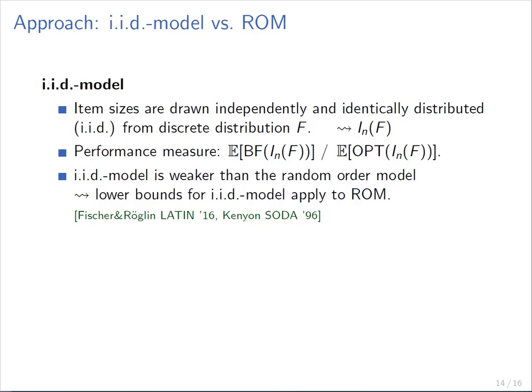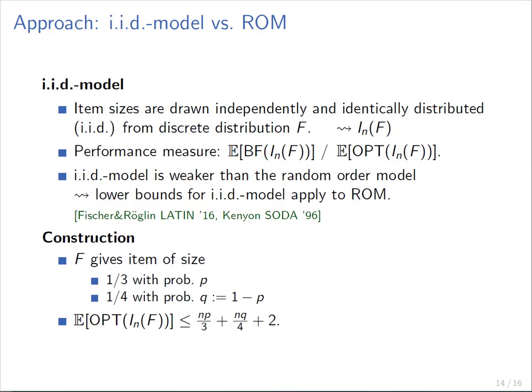This was observed earlier in the literature, and we follow this approach, which means that we construct such a distribution where the performance measure for the i.i.d. model gives more than 1.1, and by this approach we obtain some lower bound on the asymptotic random order ratio.